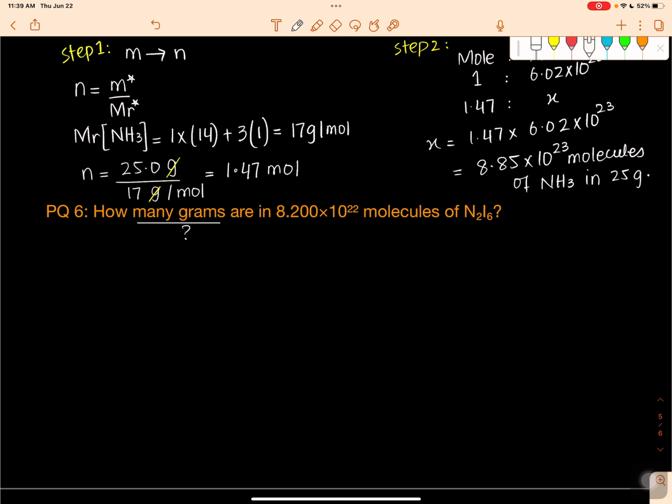We are provided with the number of molecules. This is the given stuff. So again, we are going to find out the number of moles first, because molecules have a direct relationship with the number of moles. When we find out the number of moles, we can work out the grams.